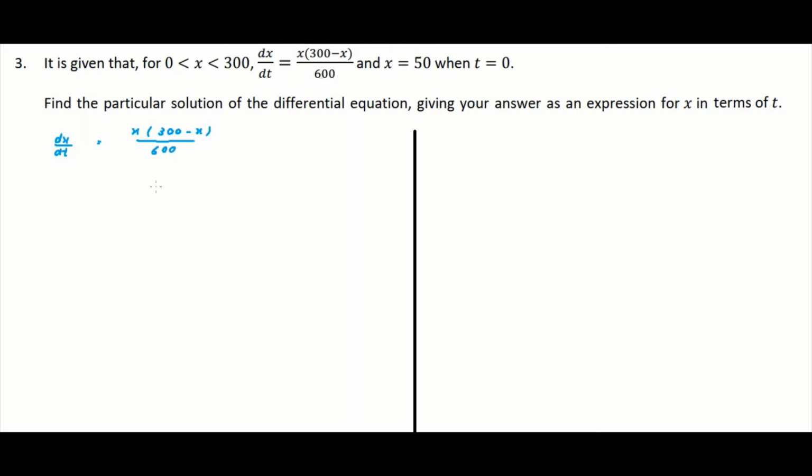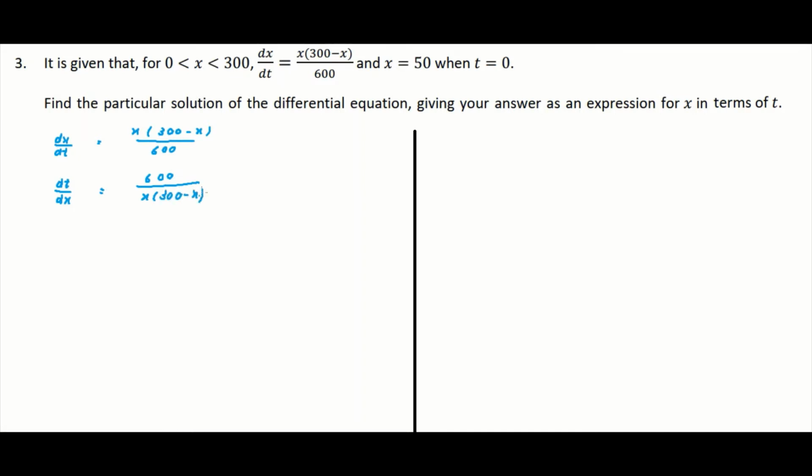So it depends on you how you want to arrange it. Or the other easier way, if you find it very tricky to start like this, then what we can try to do is change it around, do it upside down. So instead of writing dx/dt, we can change it to dt/dx, equal to 600 over x times (300 - x).